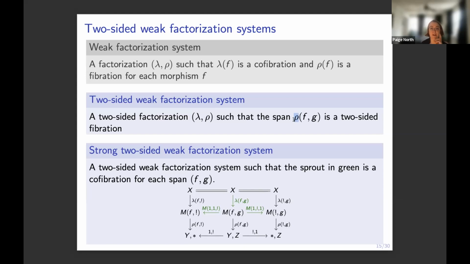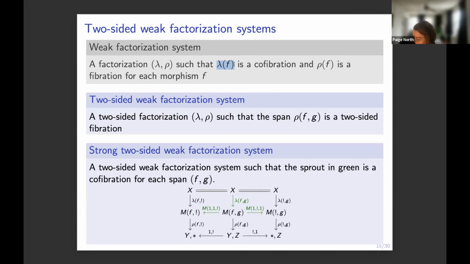Okay, and for maybe technical reasons, I'm just going to separate out the notion of cofibration, or the similar restriction on cofibrations. So we say that a strong two-sided weak factorization system is one where not each lambda f is a cofibration, because strangely the lambda f is just, let me draw this. The lambda f is just in our two-sided fibration case. So maybe I shouldn't be drawing it in the gray box.